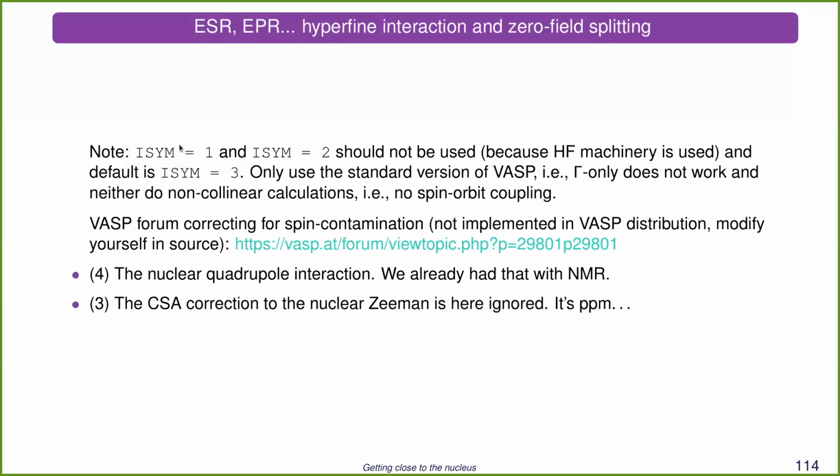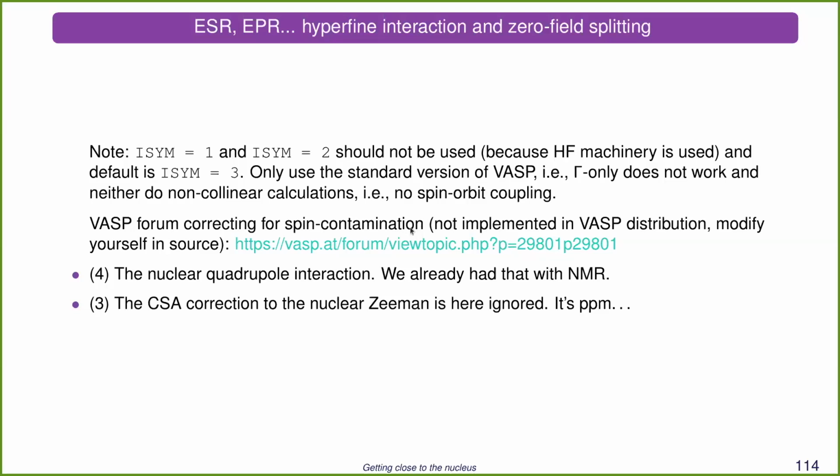And so you should apply the Hartree-Fock symmetry, not 1 and 2, but 3, where symmetry is applied in a different way, not where the charge density is symmetrized. So be careful. And you should only use the standard version of VASP, and gamma only doesn't work. And neither do non-collinear calculations. All these warnings are in the wiki, but I also say this now to you.